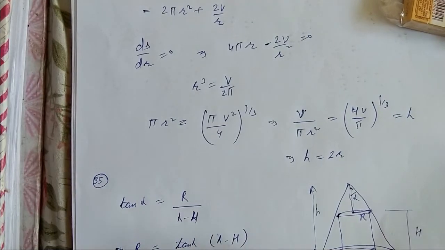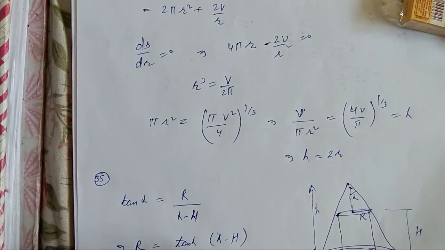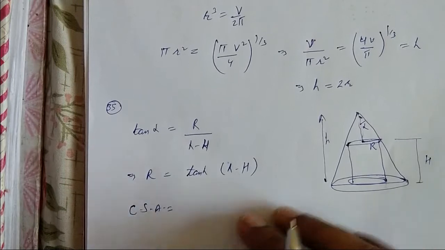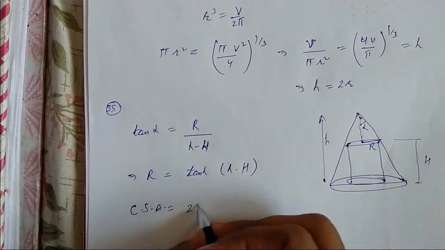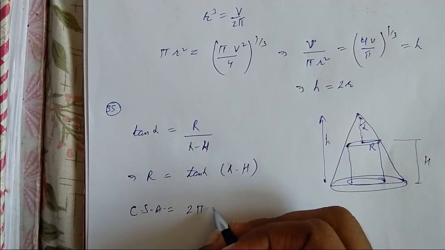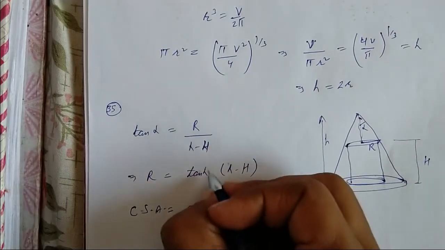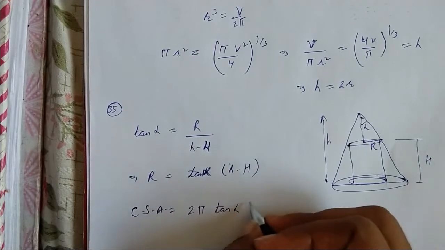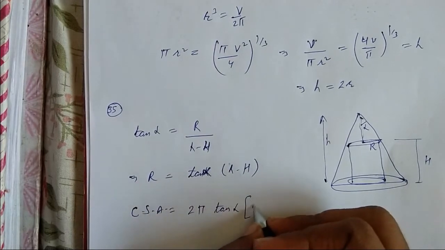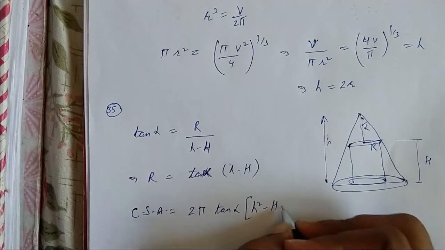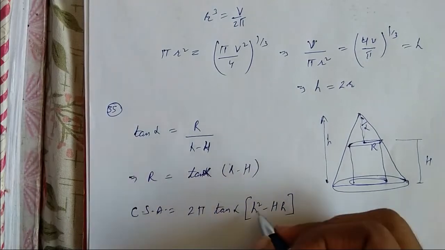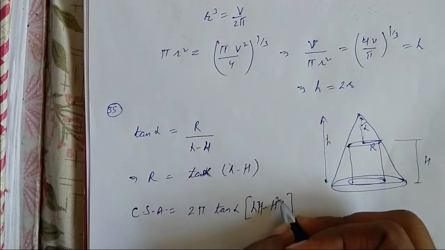So its curved surface area would be 2 pi R into H. R would be this, tan alpha into (h minus H), so h H minus H square.